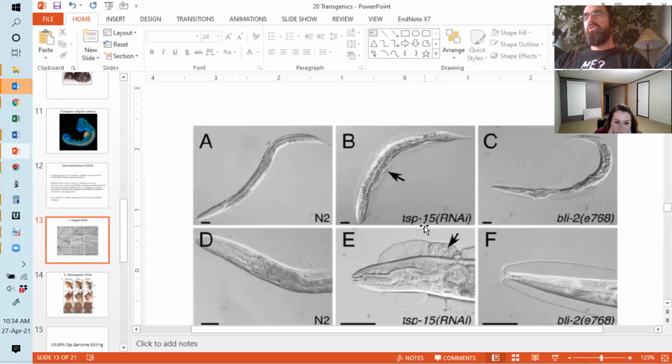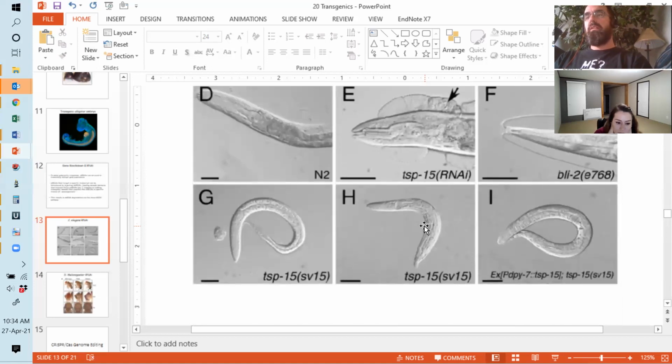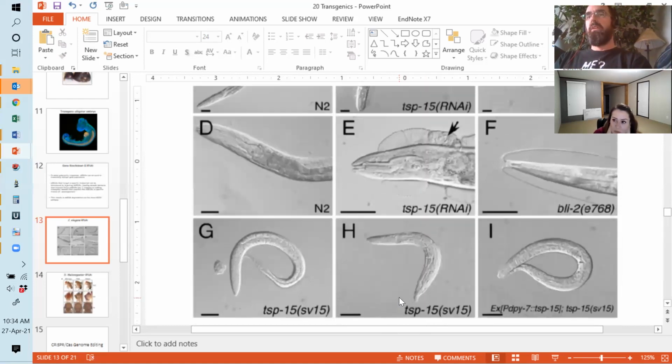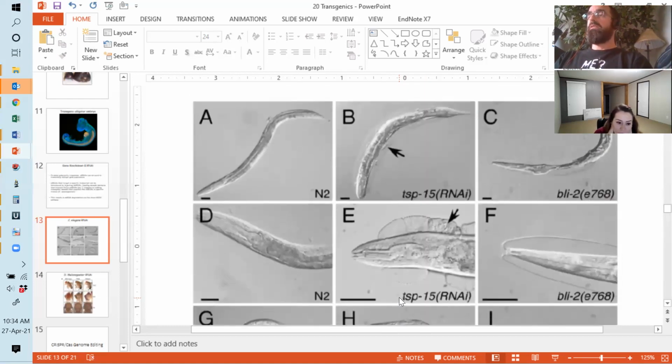And so you can do that by either getting a mutant, right? So this is a mutant allele, through a standard forward genetic screen, doing mutagenesis. Or you could simply pick out one of the bacteria from your library, feed it to the worms, and you get a very similar phenotype, right?